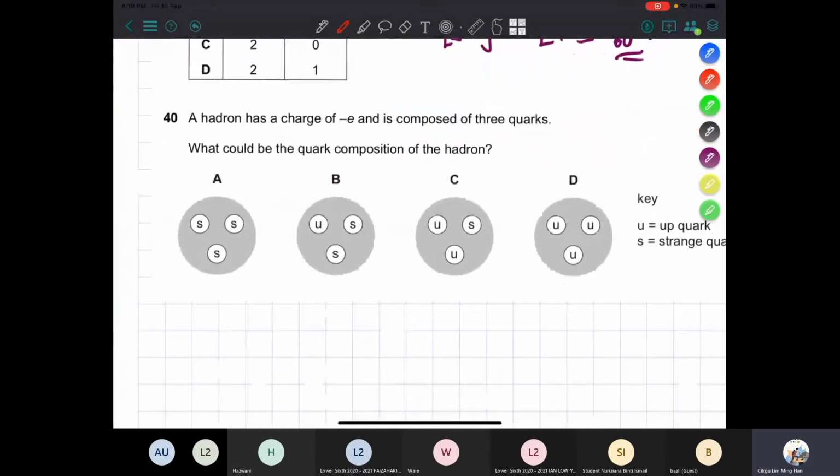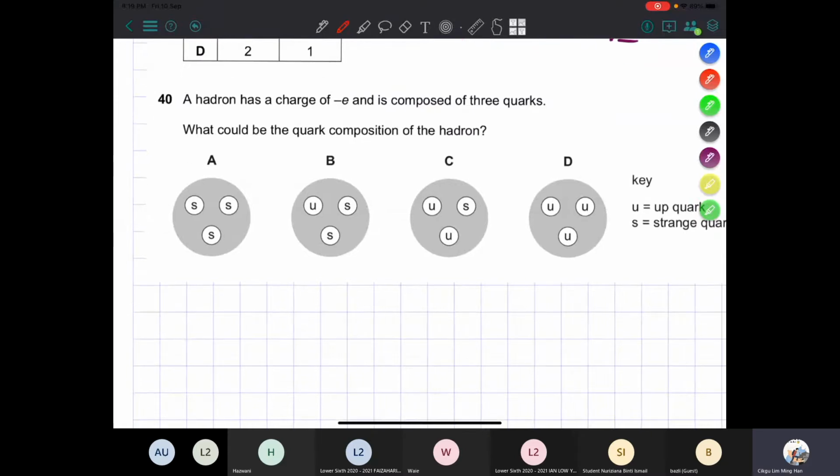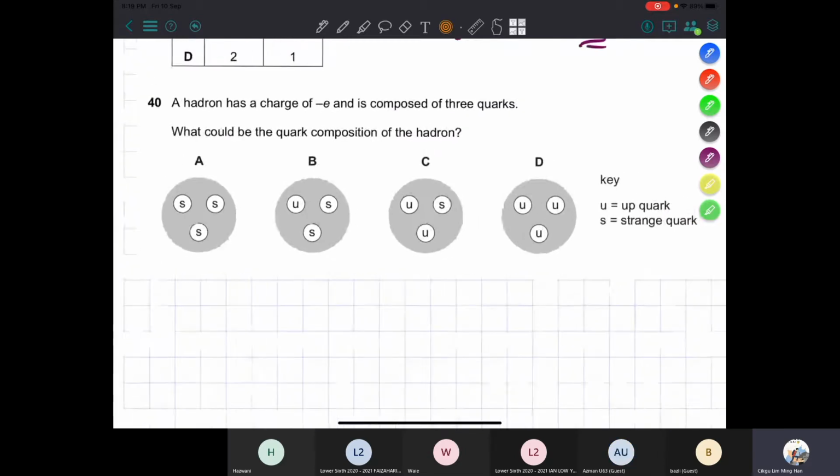Alright. This one I'll ask one of you to tell me the answer. So you read first.